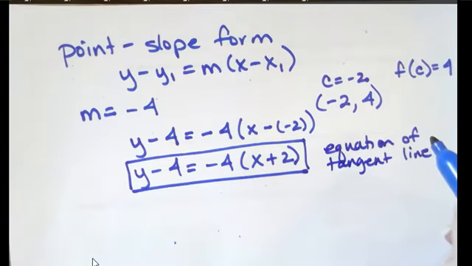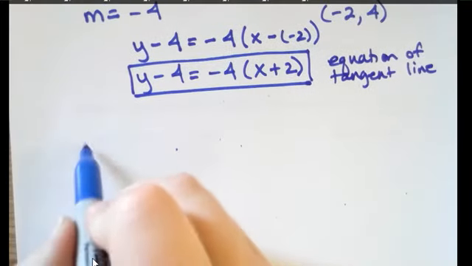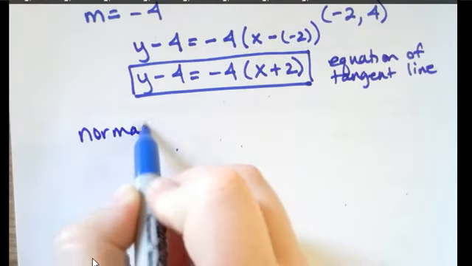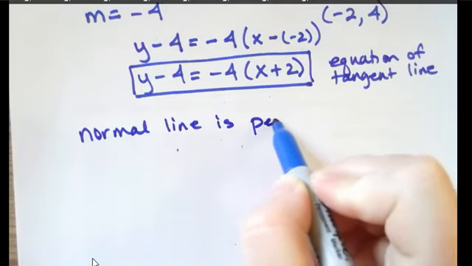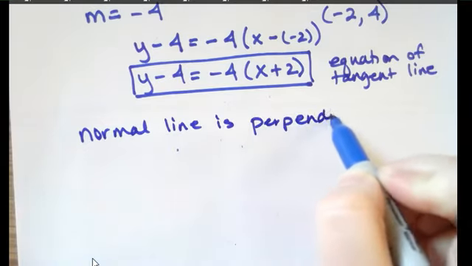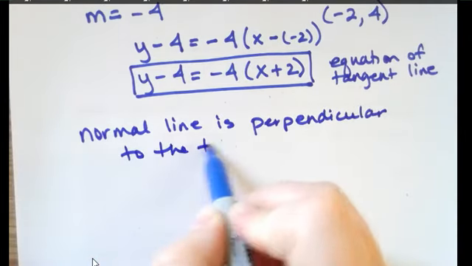Now, sometimes we are asked to find something called the equation of the normal line. So, the normal line is perpendicular to the tangent line.